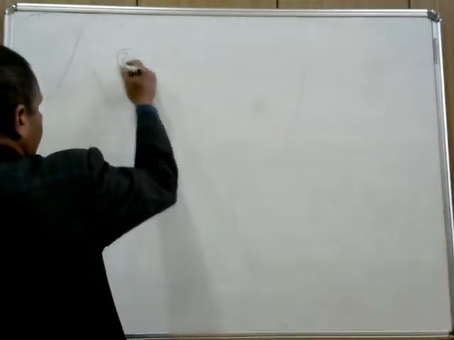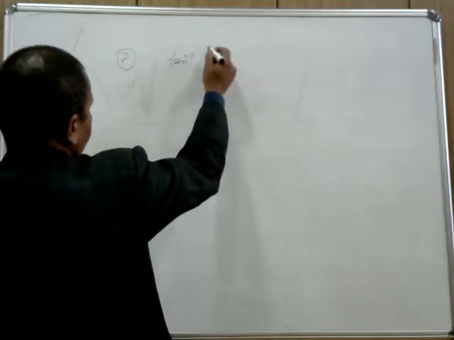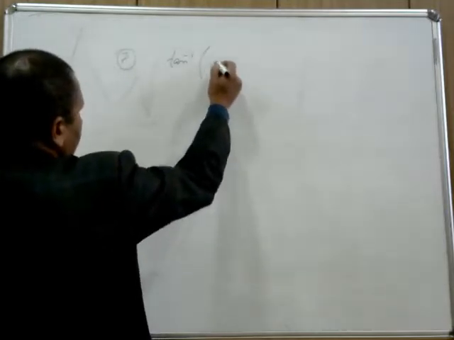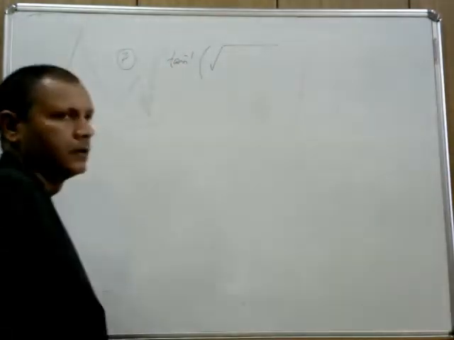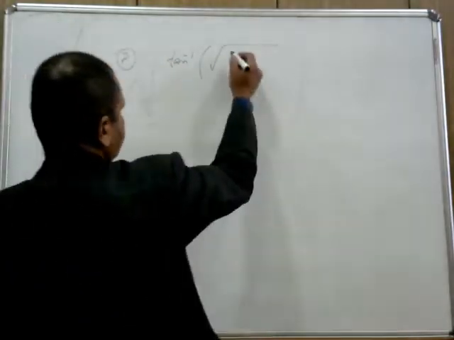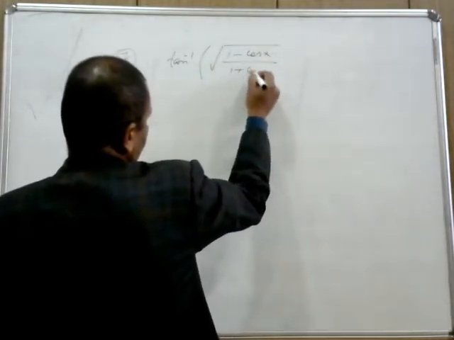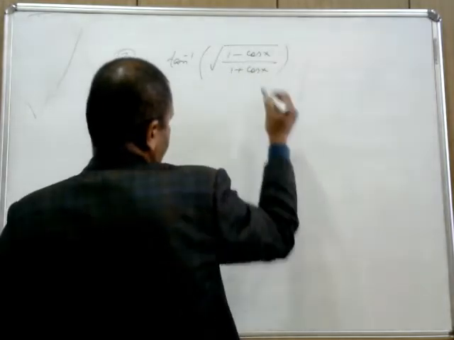Question number 7. Tan inverse under root 1 minus cos x upon 1 plus cos x.